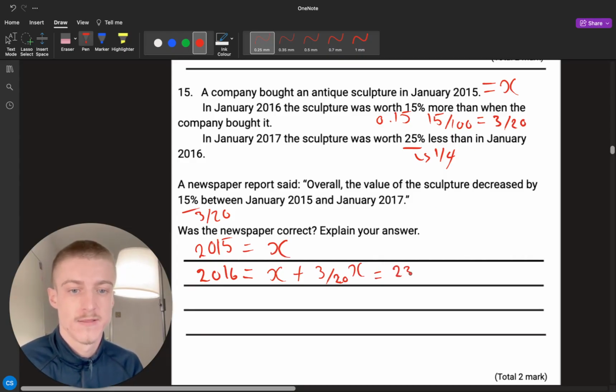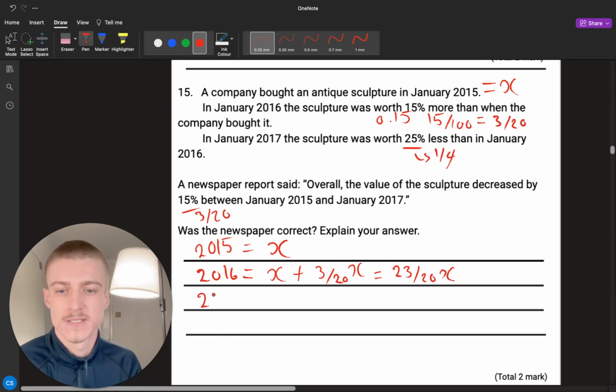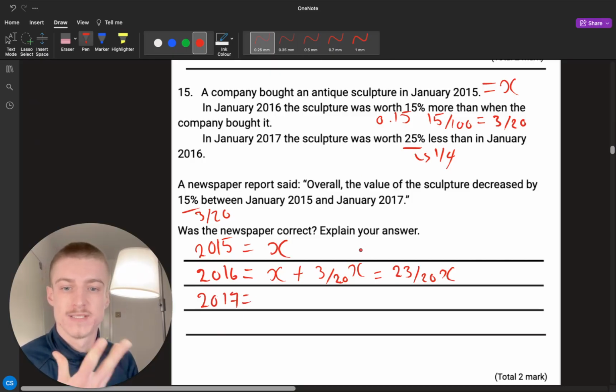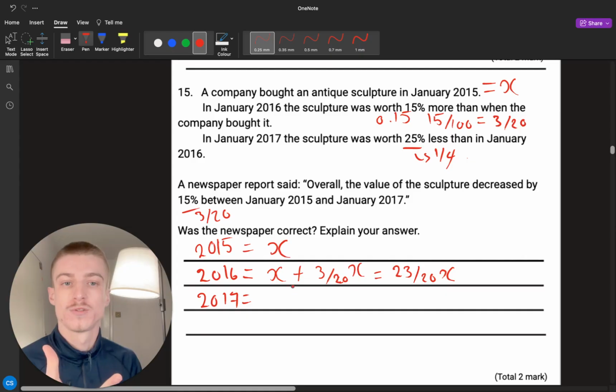That gives us 23 over 20 X. In 2017, the sculpture was worth 25% less than in 2016. So for 25% less, we're going to multiply by 3 over 4, because 3/4 is 25% less than a whole, right?